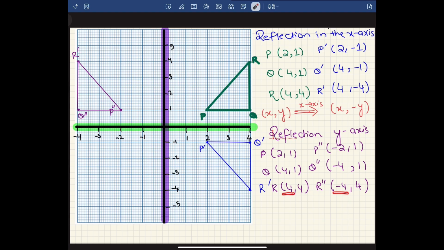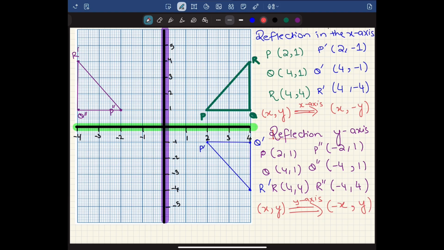So when you reflect along the y-axis, what is the rule that you can derive? So xy, when reflected along the y-axis, the sign of the x coordinate changes and the y coordinate remains the same.